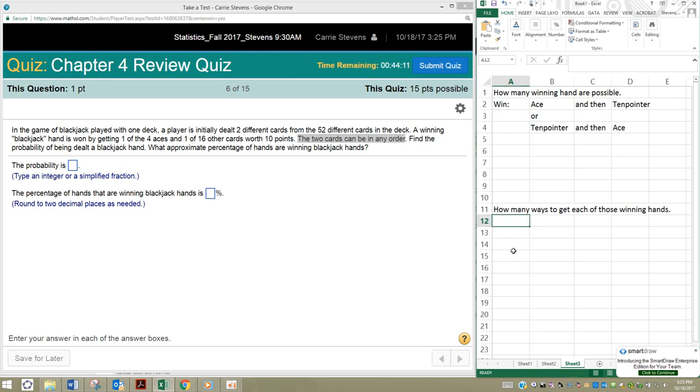So I have two possible winning hands, and I need the probabilities of each winning hand.